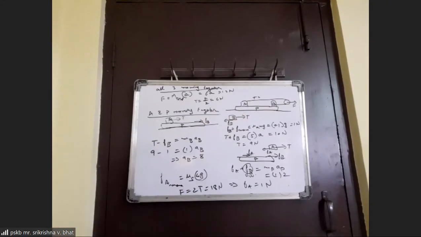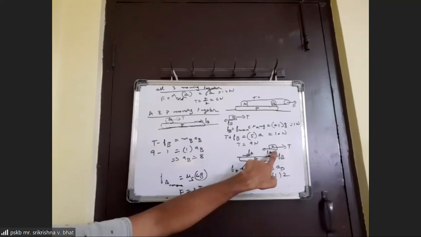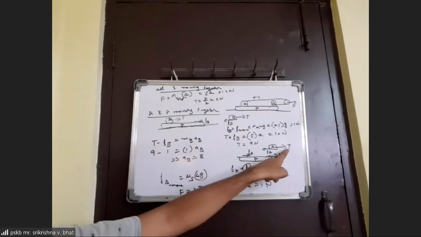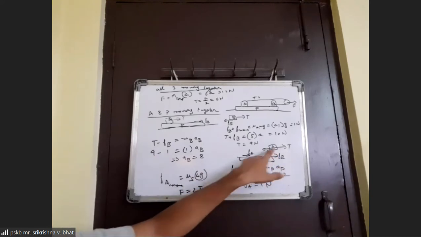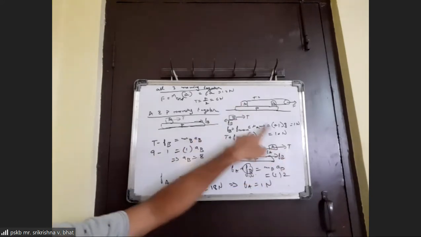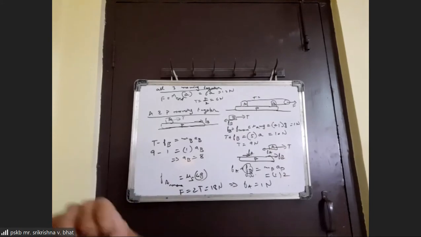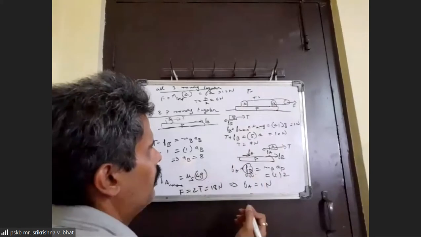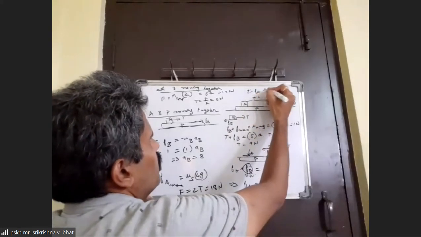Now if you consider the free body diagram of A, it is experiencing tension and Fa. So the difference between tension and Fa should be equal to mass of A into acceleration. We can write something like this: T minus Fa should be equal to 4 into a.